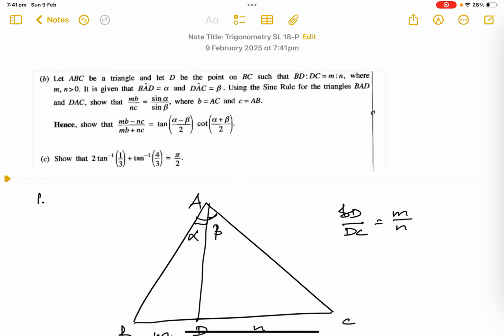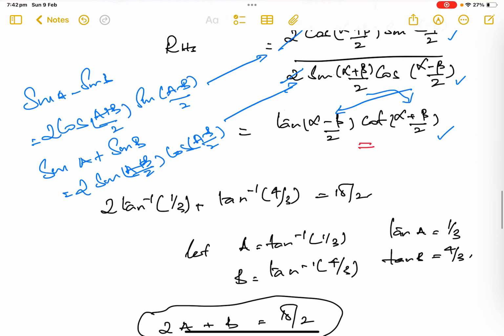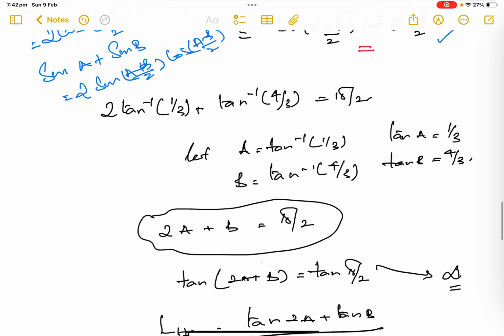That's done. Now the third part, part C: show that tan inverse 1/3 plus tan inverse 4/3 equals pi by 2. Okay, let's see that. I took A equal to tan inverse 1/3, B equal to tan inverse 4/3.